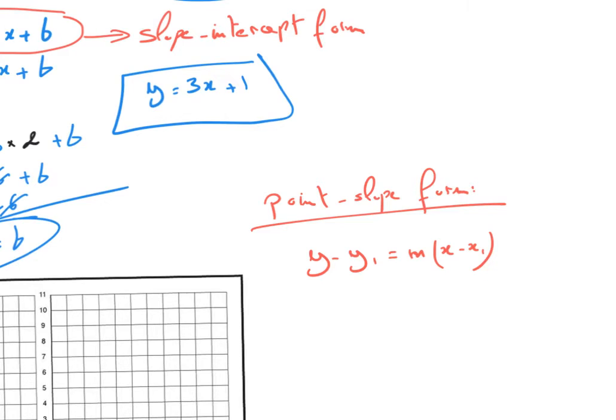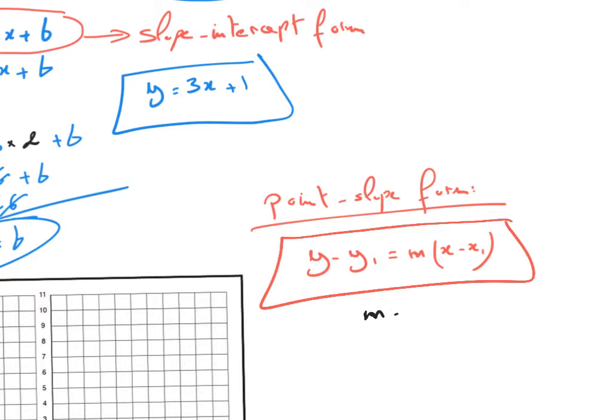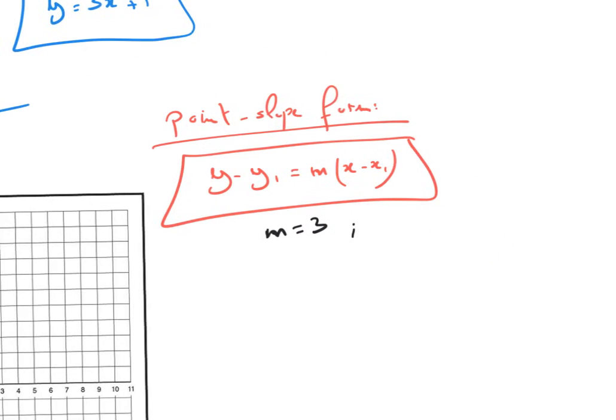And we have m, the slope, which is 3, and the point that we have here, which is 2 and 7, as x1, y1.